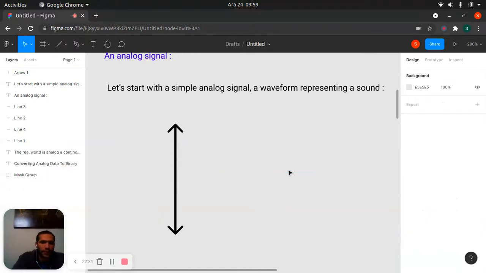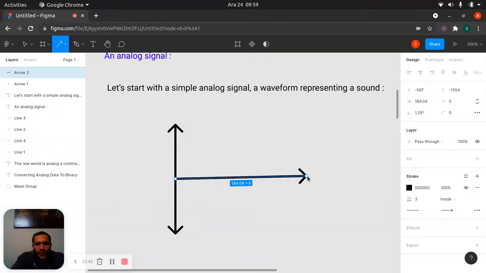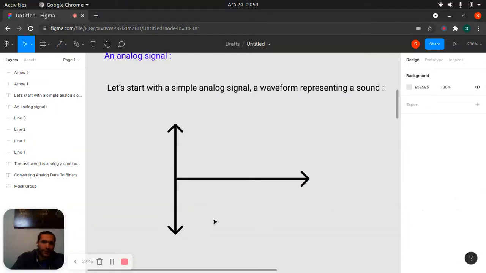But I want to do an arrow again. Let's come here and say arrow, and let's do it like that. This one is good. And let's say for here this is 100.